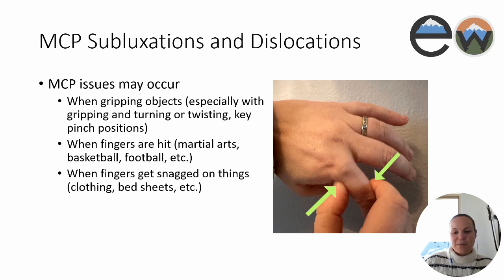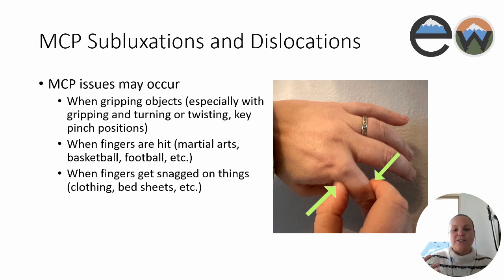So this can actually happen with a lot of daily activities that we do. We just use our hands and manipulate them in so many different ways that you can actually get that force that's applied where you have a downward or an inward force on the lower part and then an outward force on the upper part of the knuckle. It can happen just with gripping type of activities.